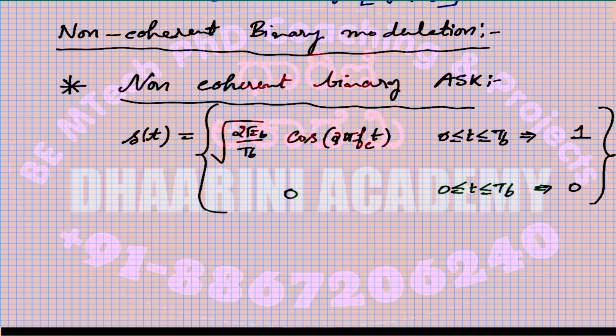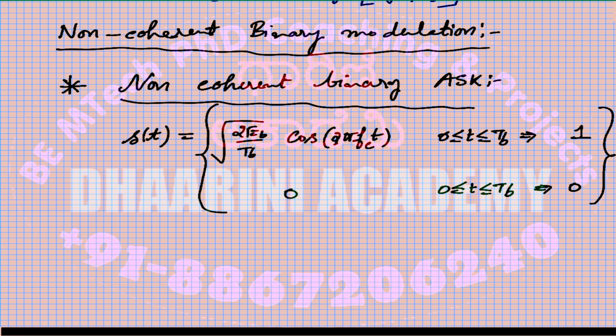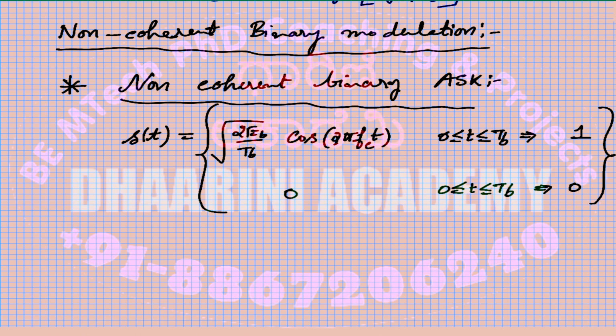Now our intention is to make this a non-coherent case. Let us assume that this signal, whatever has been sent, goes through the channel and gets received by the receiver. We know that the signal will not remain the same; it will be slightly different.